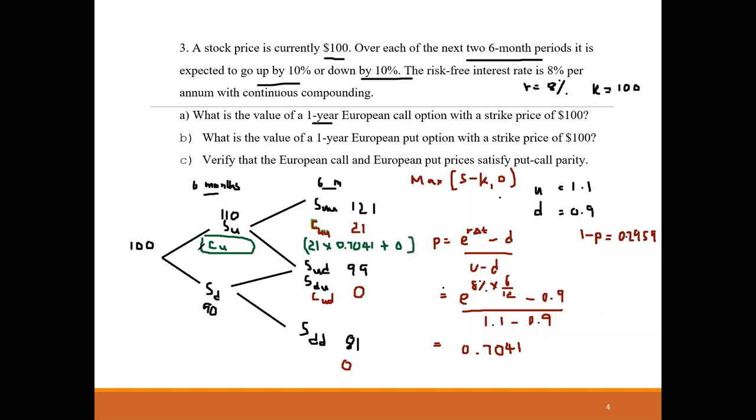To get the value of CU, take the present value of this, that is, multiply by e to the power minus 8% into 0.5, or 6/12. So how much do you get as the answer for CU, the call price if it goes up once?